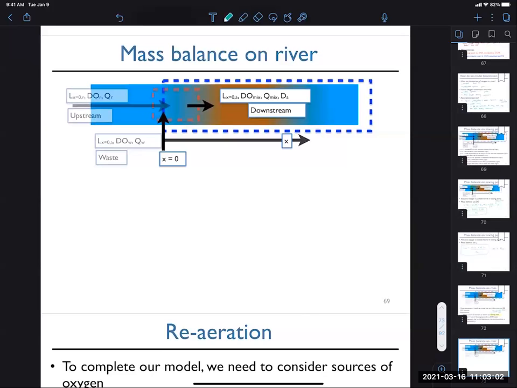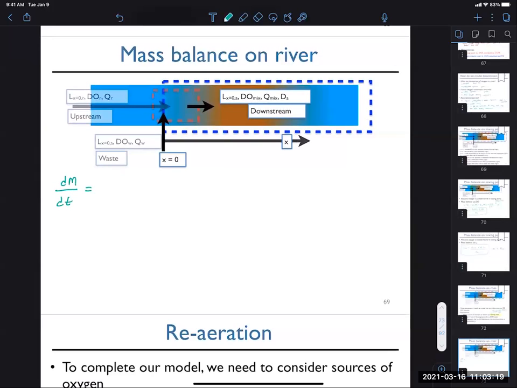Okay, so if we put those things together, what we're going to see is that dm dt is going to be equal to two parameters.